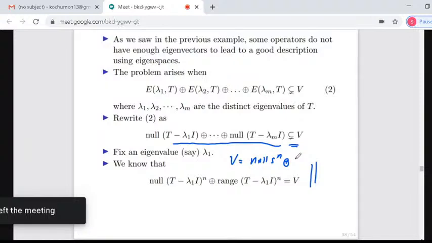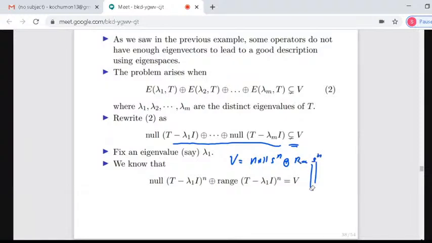We proved such a theorem initially, but we put the notation T there. Now you apply this. Take S is equal to T minus lambda 1 to the power n. Then V can be decomposed, even though we cannot decompose it with direct sums of null spaces. At least with the first one, you can decompose as the direct sum of null space of T minus lambda 1 to the power n plus range of T minus lambda 1 to the power n. That is a good thing.